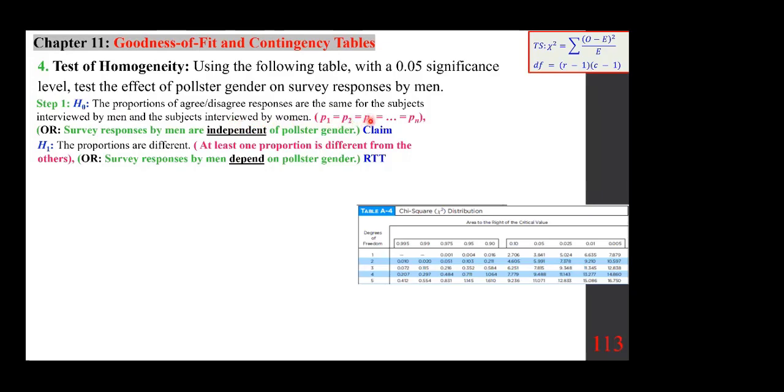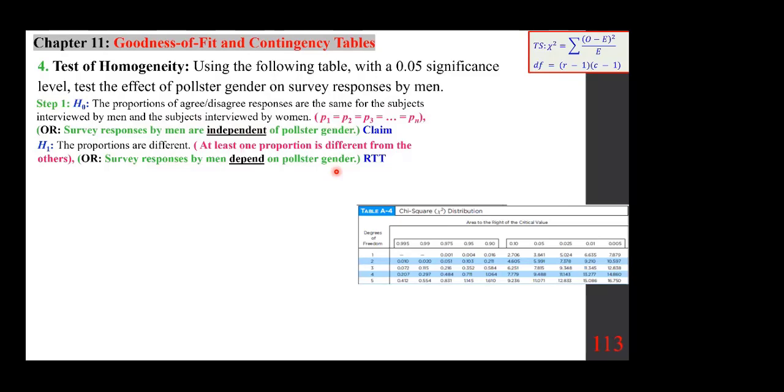P1 equals P2 equals P3, however many. Corresponding to that, H1 becomes the proportions are different. Or we could say survey responses by men are independent of pollster gender. That's really the same meaning, and that is the claim. Corresponding to this green line, survey responses by men depend on pollster gender. So that's the first step.